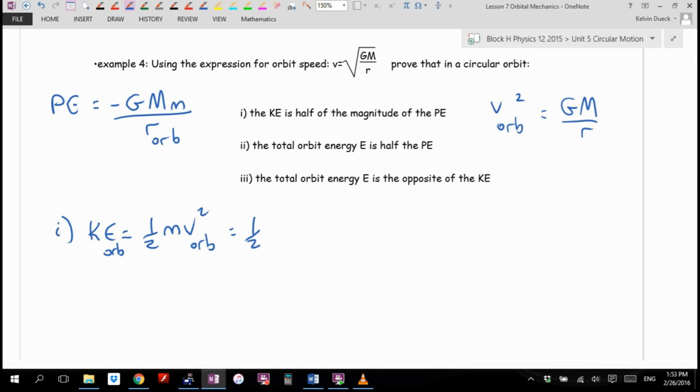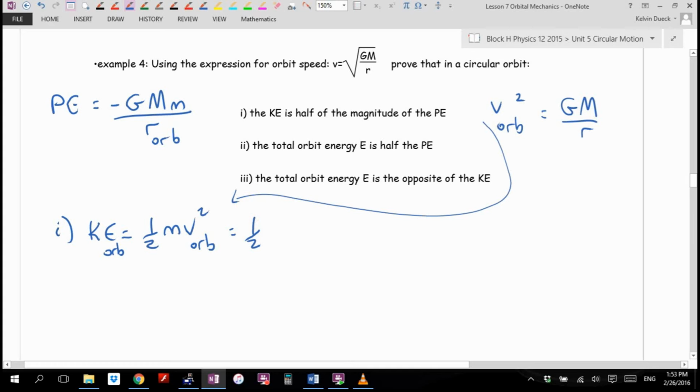Is that okay? So if I plug that in to here, I get little m times big G times big M over R. If I write that a little bit differently, Spencer, I get a half big G, big M, little m over R orb.